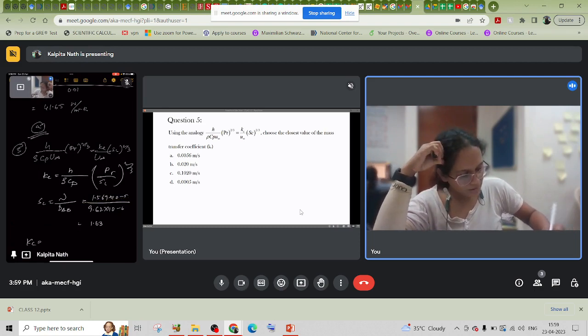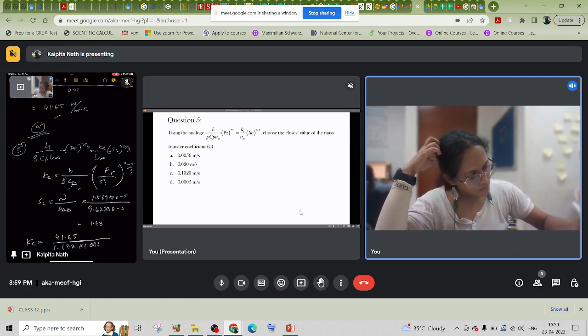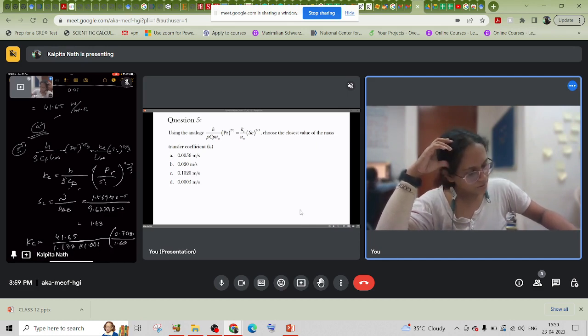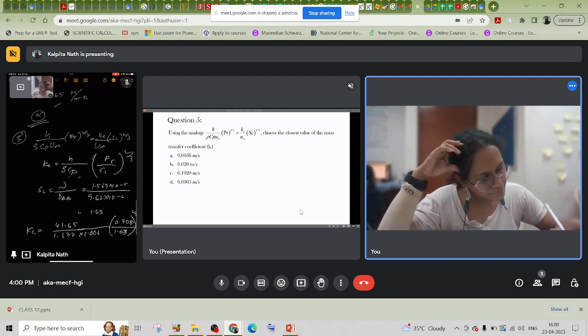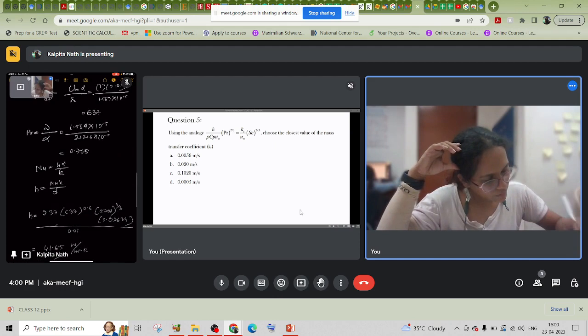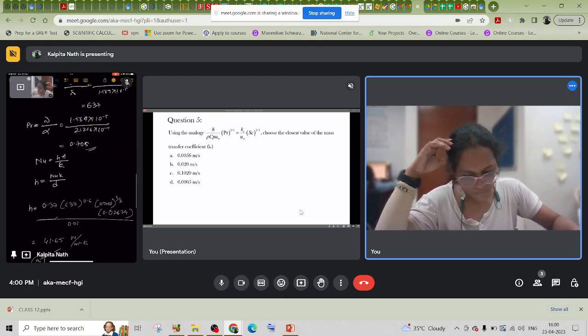Now Kc is equal to h upon rho into Cp, that is 41.65 upon 1.177 into 1.1006. Now the Prandtl number is 0.708 and the Schmidt number is 1.63, so we take the ratio to the power 2 by 3.